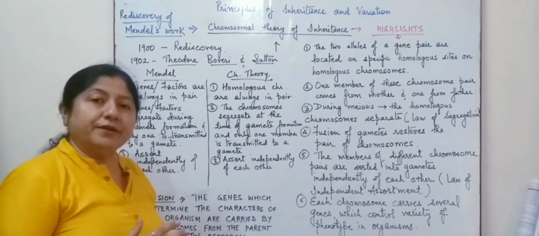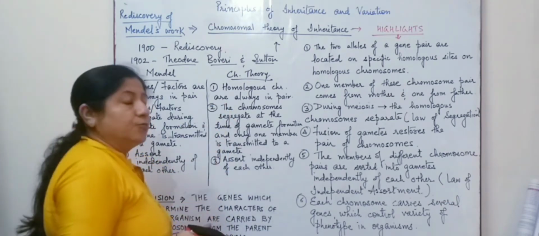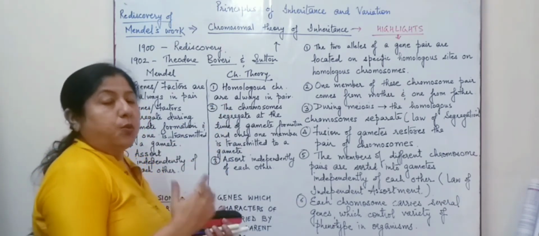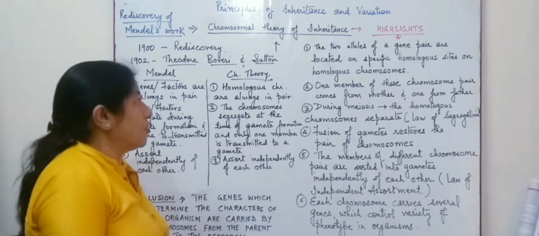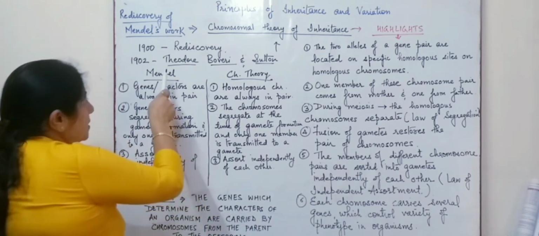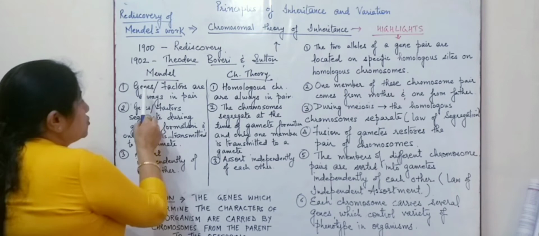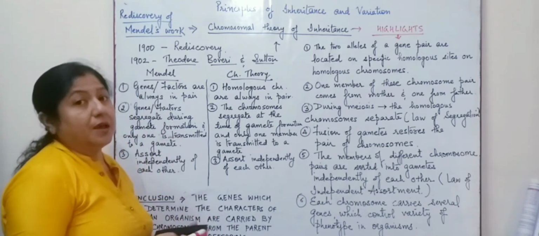Let us compare the work which was done by Mendel and the chromosomal theory. Let us compare these two and try to find out why it is known as chromosomal theory and what is the conclusion drawn. According to the work done by Mendel, the genes or factors are always present in pairs.